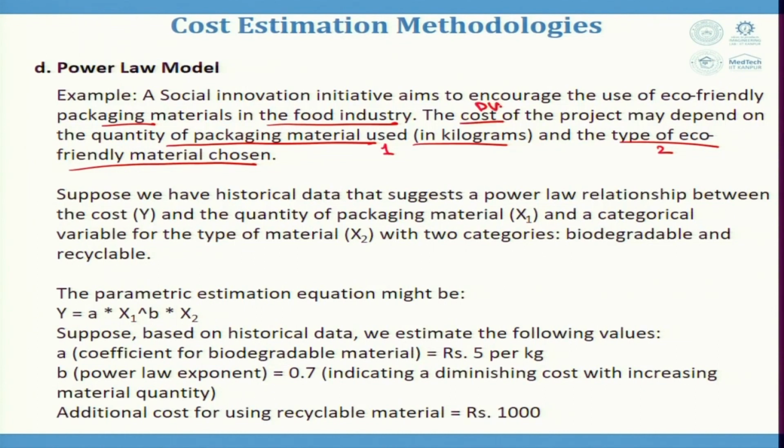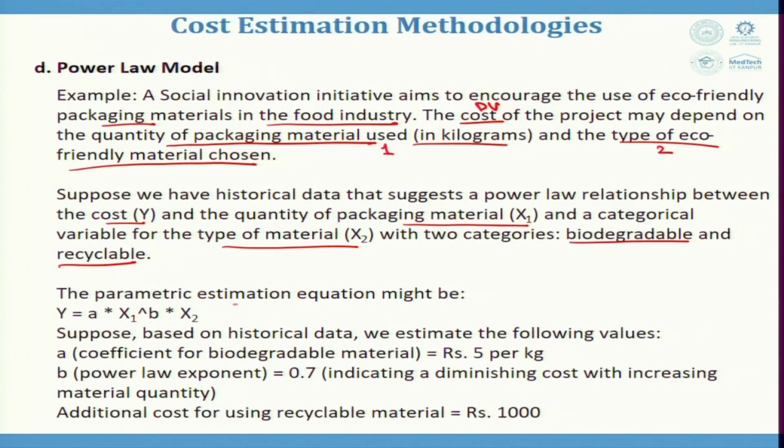Cost, which is our dependent variable. Suppose we have historical data that suggests a power law relationship between the cost y and the quantity of packaging material x1, and a categorical variable, the type of material x2, with two categories: biodegradable material and recyclable material. So, x2 has two categories, and x1 is a metric variable.